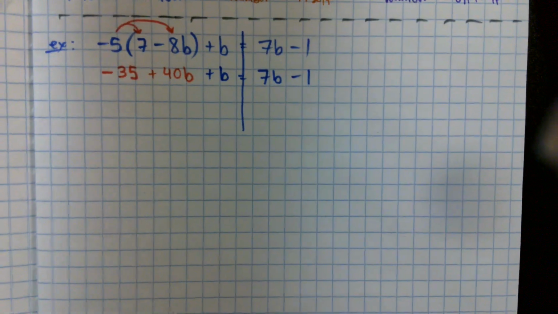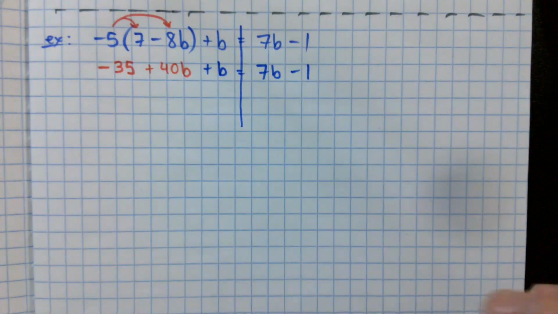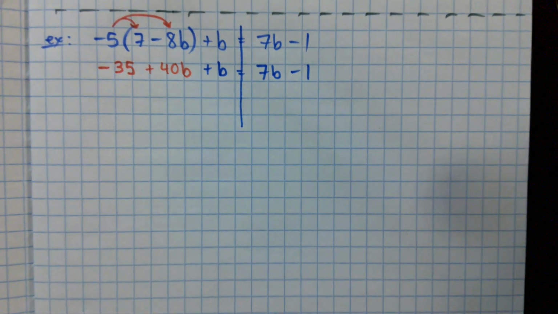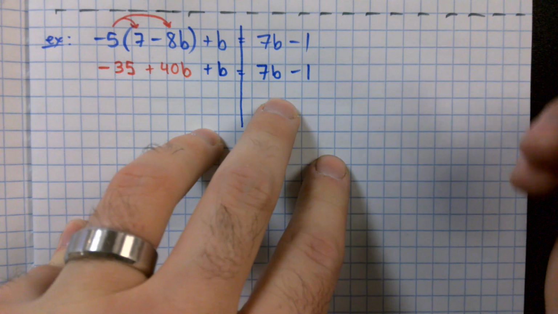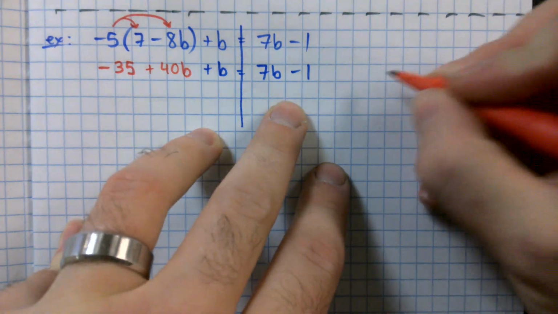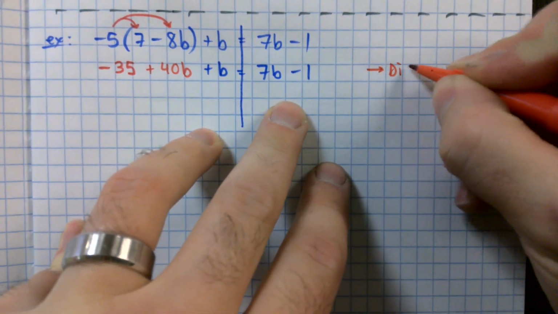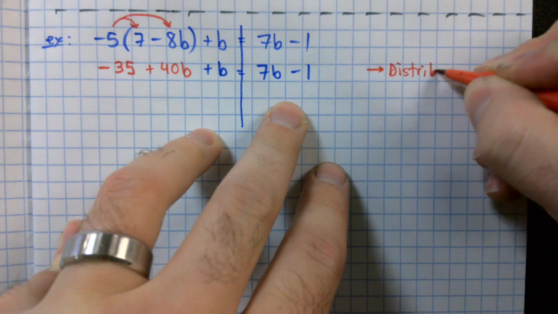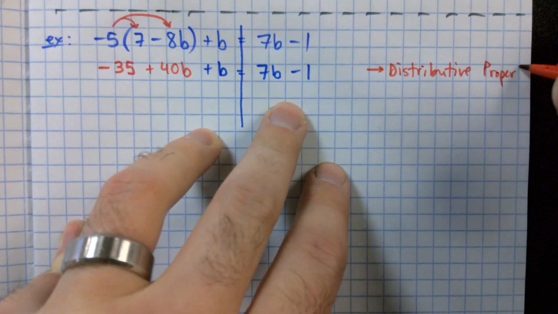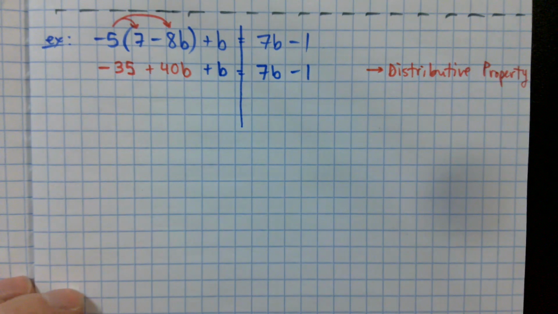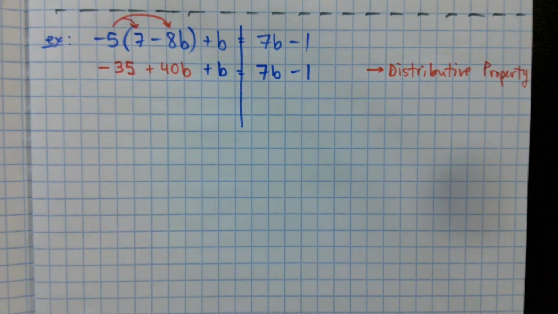I'm going to drop this down so we can focus on this. Go ahead and write off to the side there, distributive property, just so we know what we did.